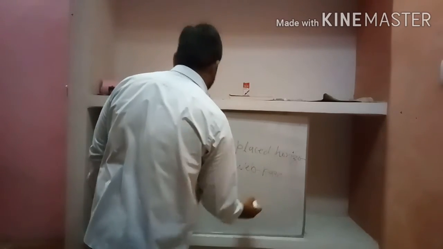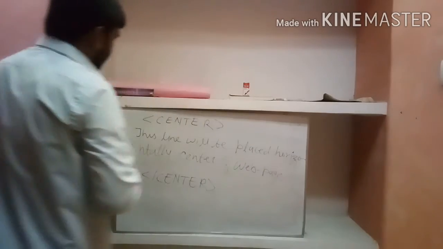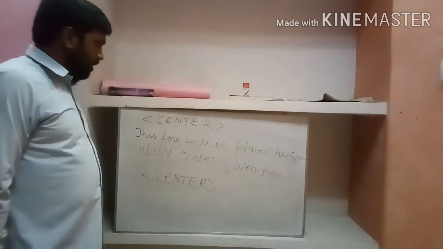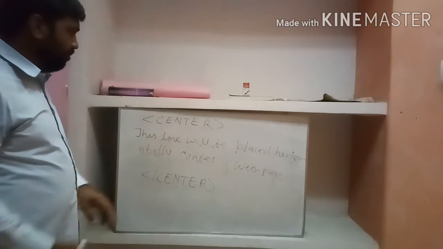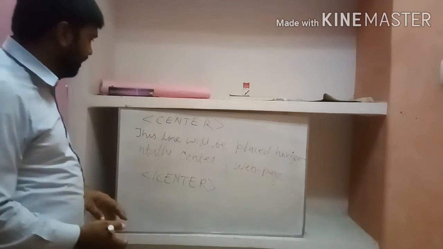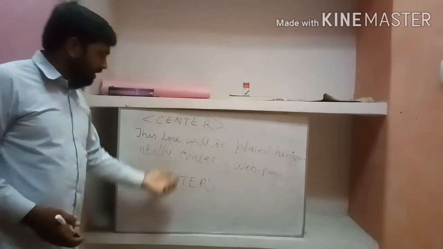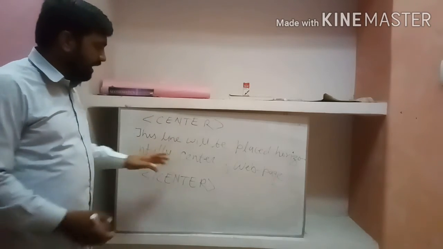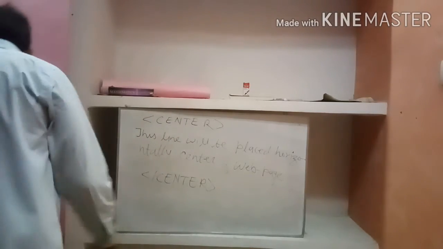Horizontally center of the web page. Okay, so when you execute this, the center tag is written inside the body tag. So inside the body, body open and close is needed. Okay, that part I have skipped, I have not written the body tag. So whenever you use the center tag, whatever text you write between the center open and close will appear horizontally center of the web page.